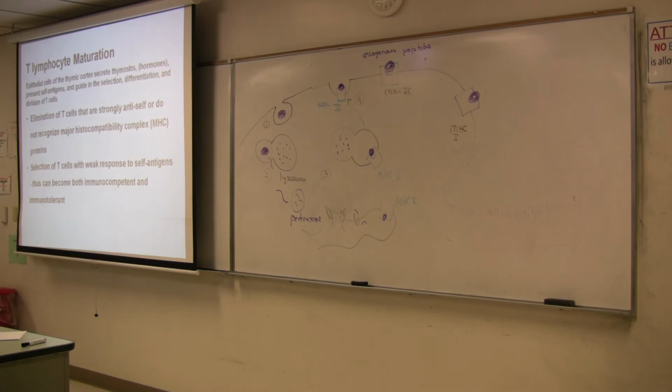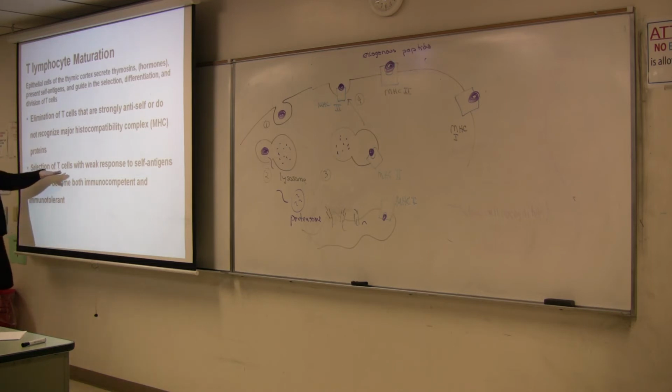They are exposed to all of these cells passing through the thymus that have MHC1s on their surface, and every body cell that has a nucleus does. If they don't recognize it and bind to it with their TCR, they commit suicide. Okay, they kill themselves. They're allowed to live only if they recognize that MHC complex, because they have to do that to be able to function. All right?